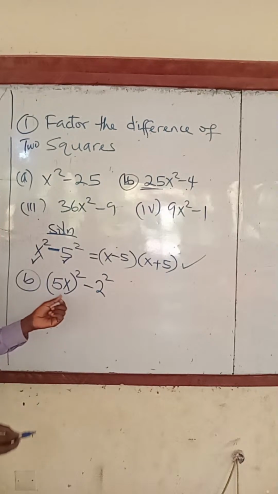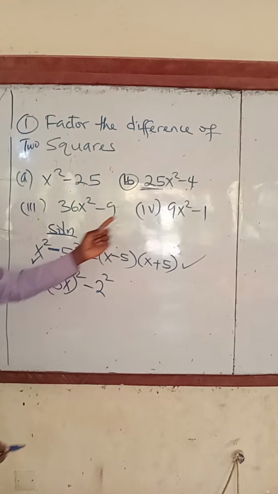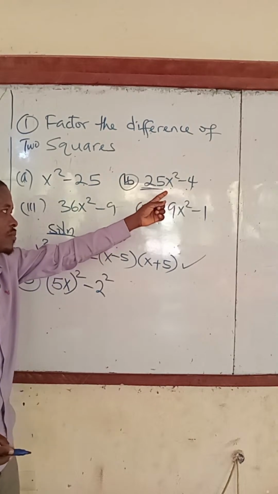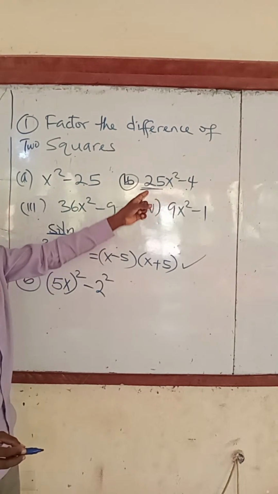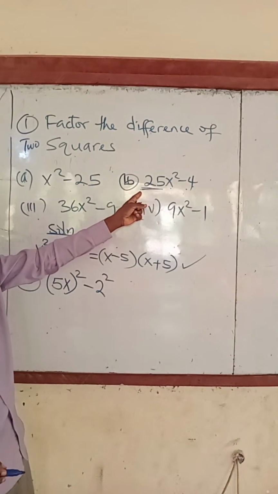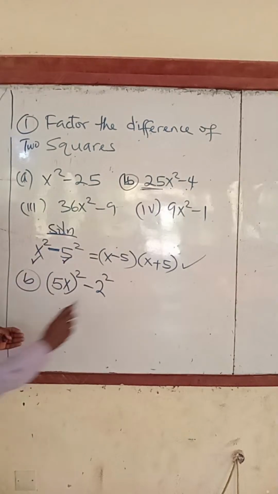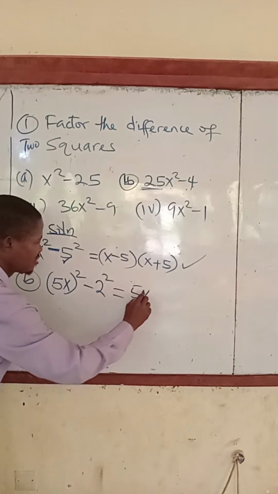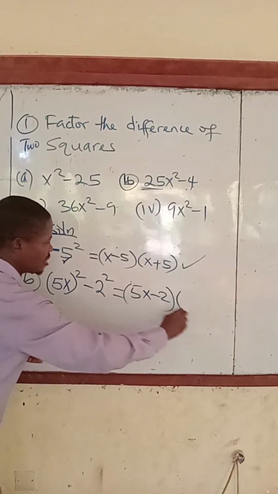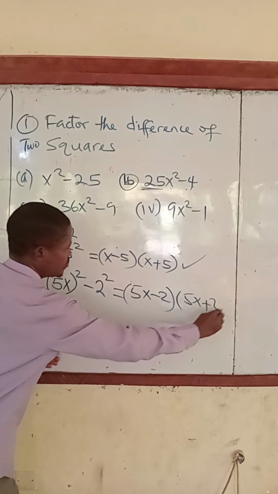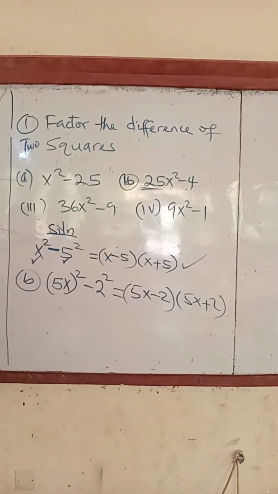For the question, we only have x squared as a multiple, but don't forget that 25 is also a multiple. So you can combine them together to be 5x, enclose it inside brackets and square that. And that will be equal to what? 5x minus 2 times what? 5x plus 2. Let's finish the solution to that.